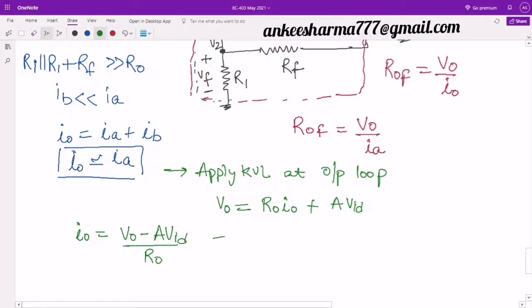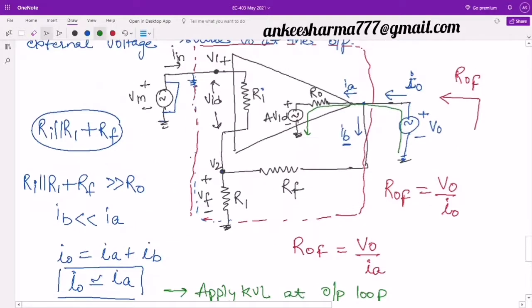And it is further written as V naught minus A VID over R naught. What is VID? Now it is important. VID was nothing but the difference of the two voltages V1 and V2. V1 is connected to ground because of shorting of this V in.